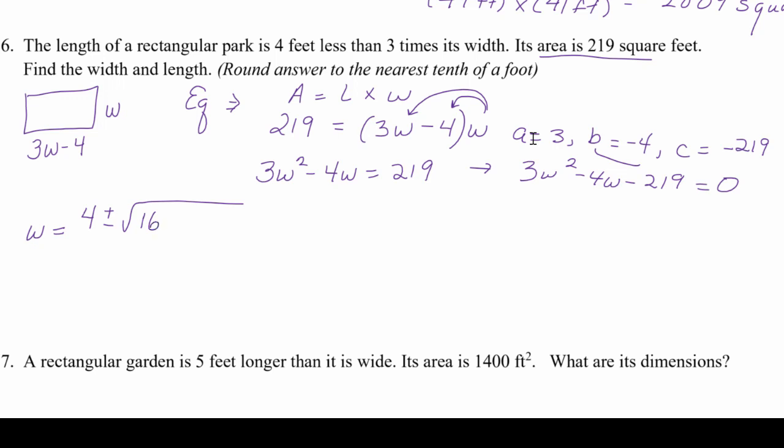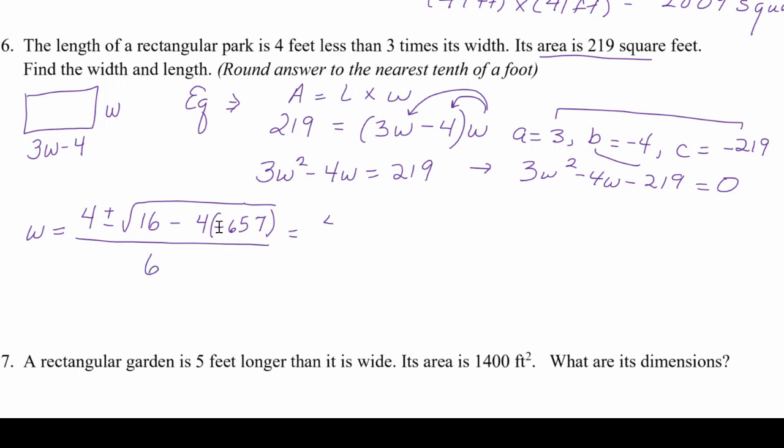Negative 4 times negative 4 is 16, minus 4, and then A times C. So we have this 3 times that negative 219, which is negative 657. And that's going to be all over 2 times A, which is 2 times 3, or 6.